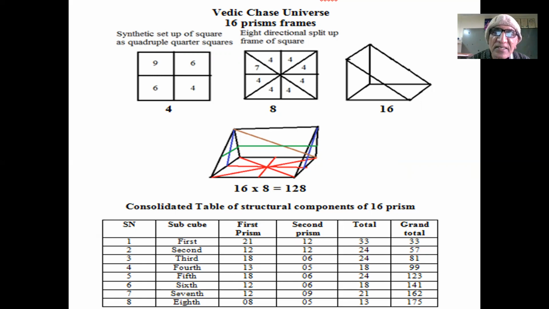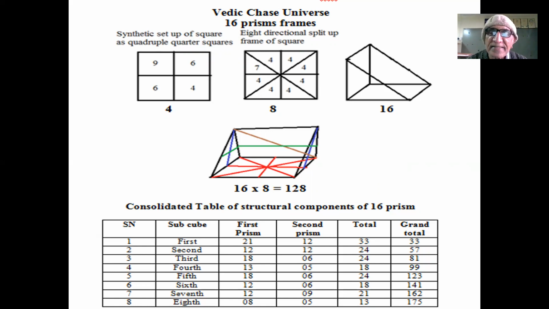This in next phase manifests as 8 directional frame as a synthetic setup of 8 triangles, and the contribution of structural components comes to be 7 for the first and 4 for the remaining 7, making it 35.